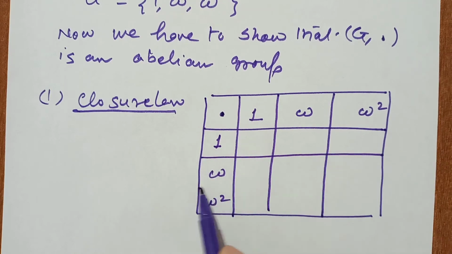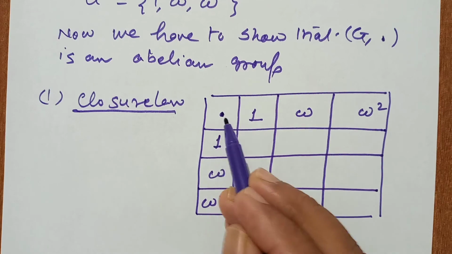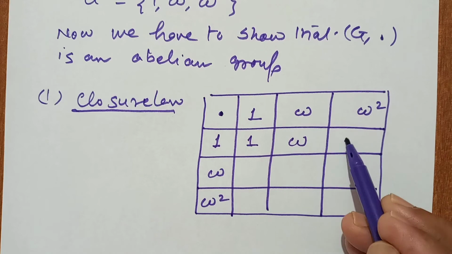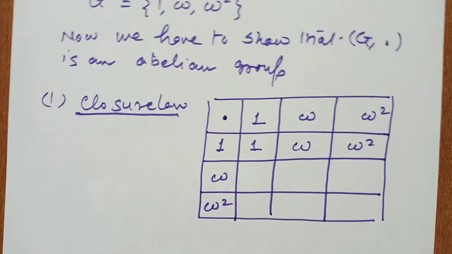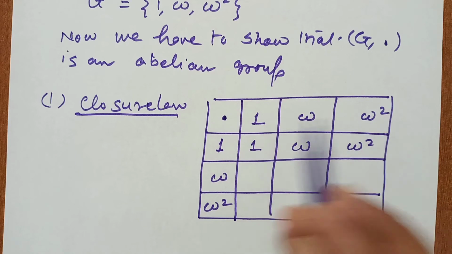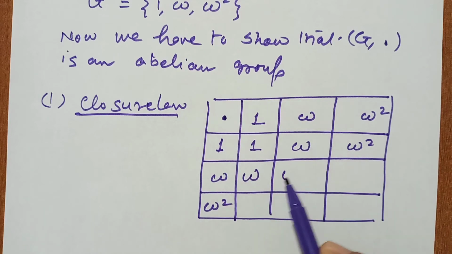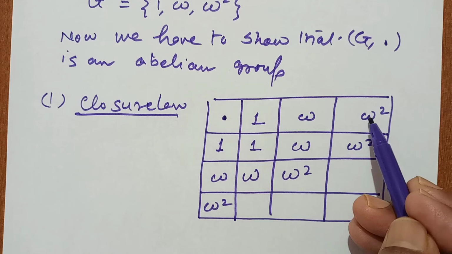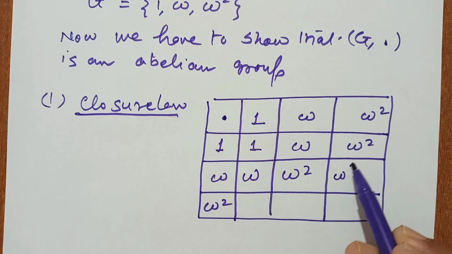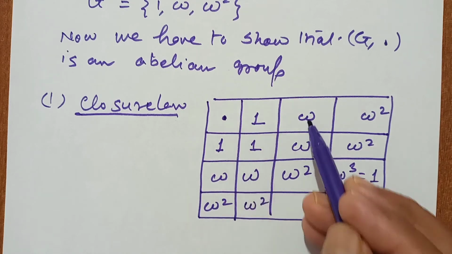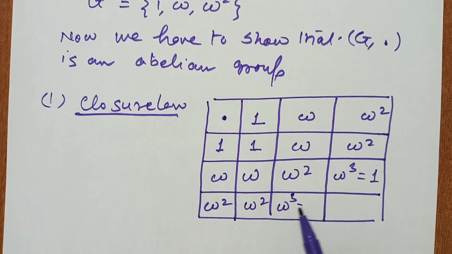Because by this table it is very easy to explain each and every element. So 1 dot 1, 1 dot omega, 1 dot omega square. If you multiply an element by 1, we get the same element. Similarly, omega into 1, omega into omega, omega into omega square, omega cube. Omega cube is nothing but 1. Omega square into 1, omega square into omega, omega cube, which is 1.